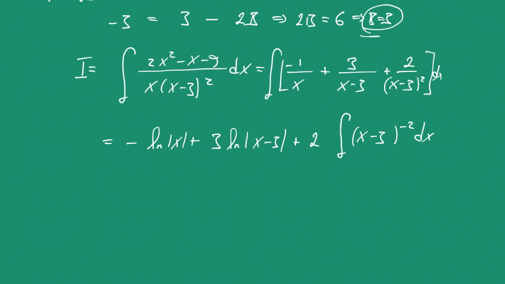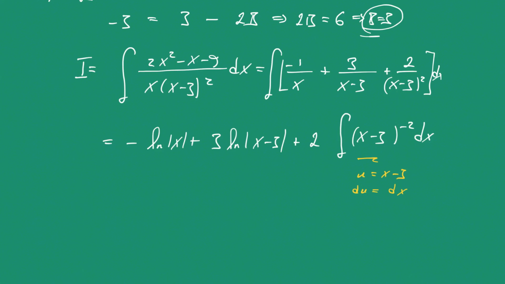Now, for integrating this, if you want, you could let u equal x minus 3, and du is then going to become dx, and your integral is just going to become u to the minus 2 du, which we can easily integrate.